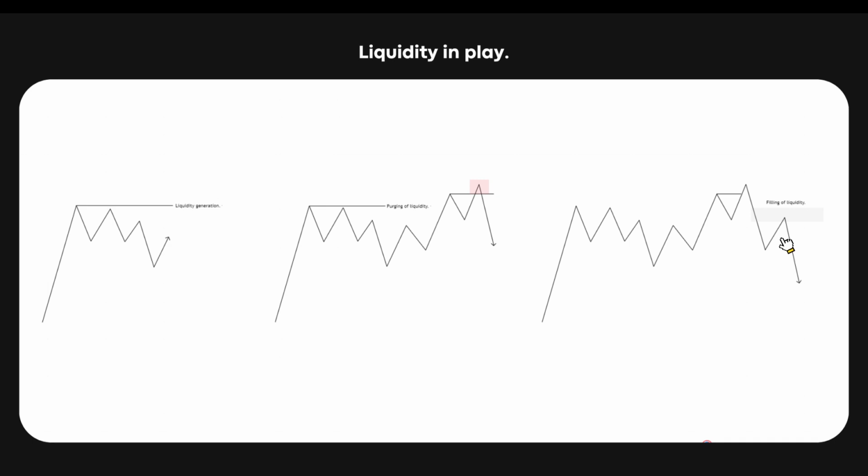The reason it had this retracement move higher is to fill liquidity. So you can see that based on liquidity, you can basically categorize all of these moves into either one of those three categories, right? Price only moves to either fill liquidity, purge liquidity, or generate liquidity.